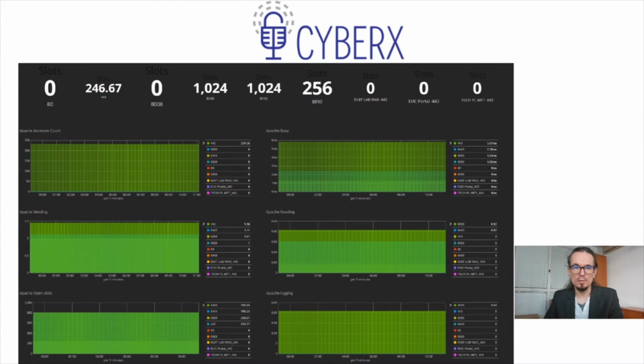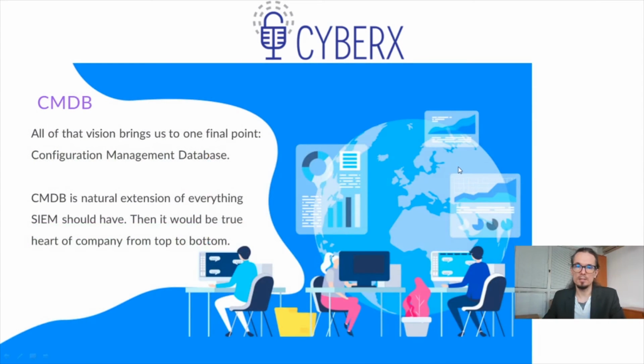Here is the monitoring of Apache slots per port. So how many slots there are per port, for example 80, 443, 8008, combined with the time aspect, the timeline. So for example, Apache reading, sending, count, how many busy slots there are, and so on.